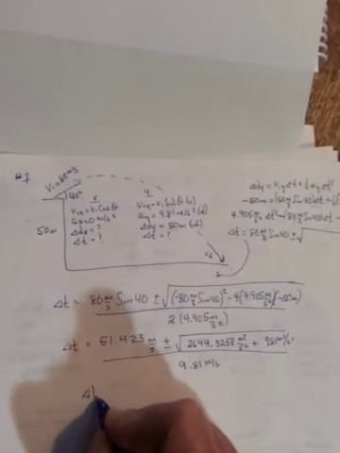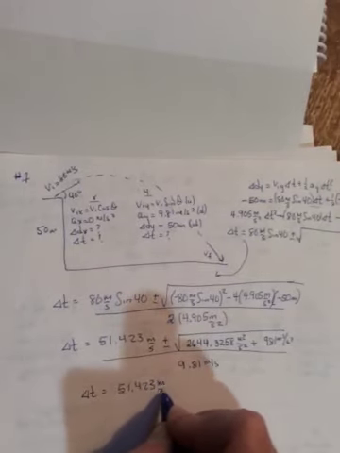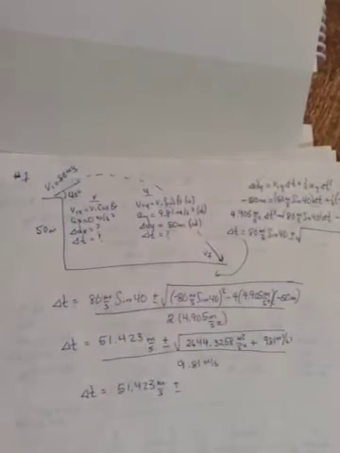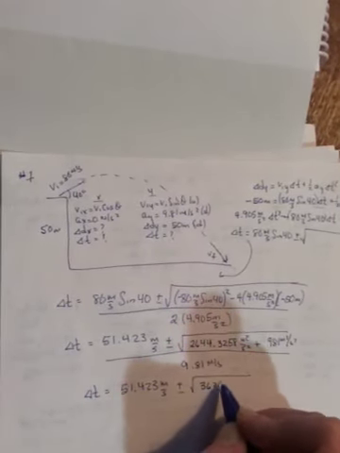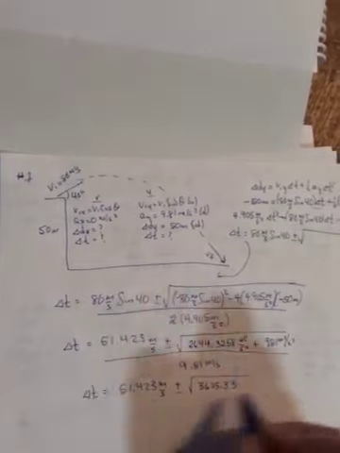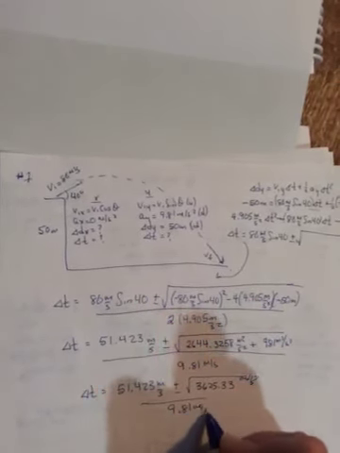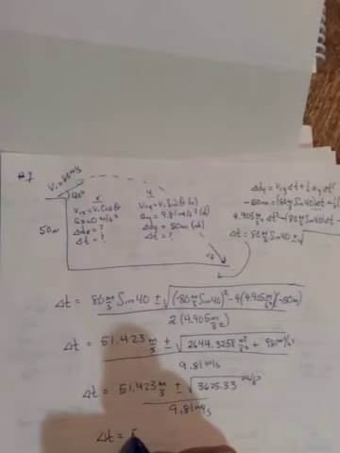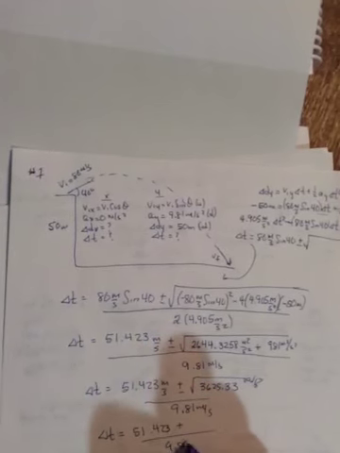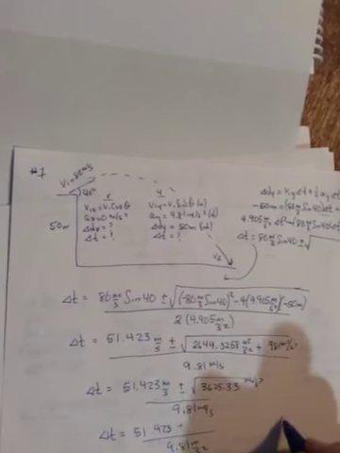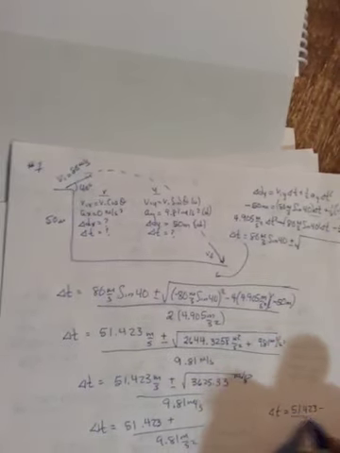And so we'll have delta t is equal to 51.423 meters per second plus or minus. So add these guys together, 3625.33 meters squared per second squared.